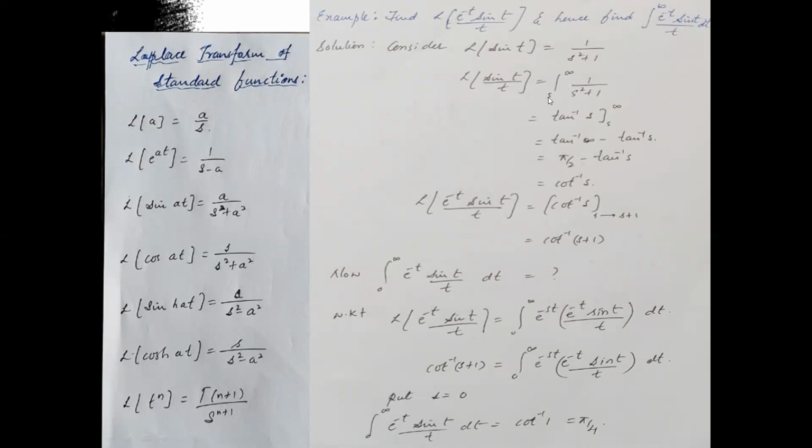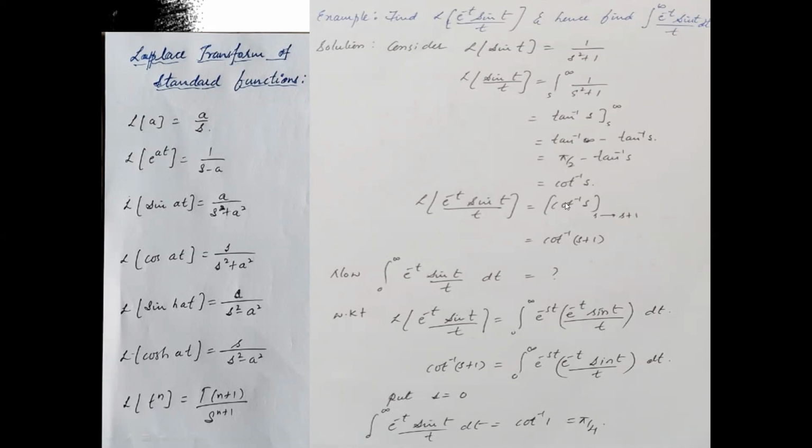So here we have integration from s to infinity of 1 upon s square plus 1. Its integration is tan inverse s. Limits are from s to infinity. Tan inverse infinity, it is pi by 2. Tan inverse s, it is kept as it is. Pi by 2 minus tan inverse s, it is cot inverse s.